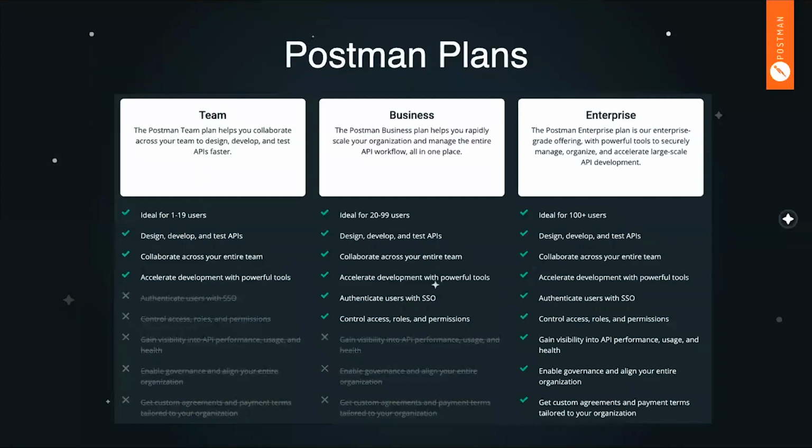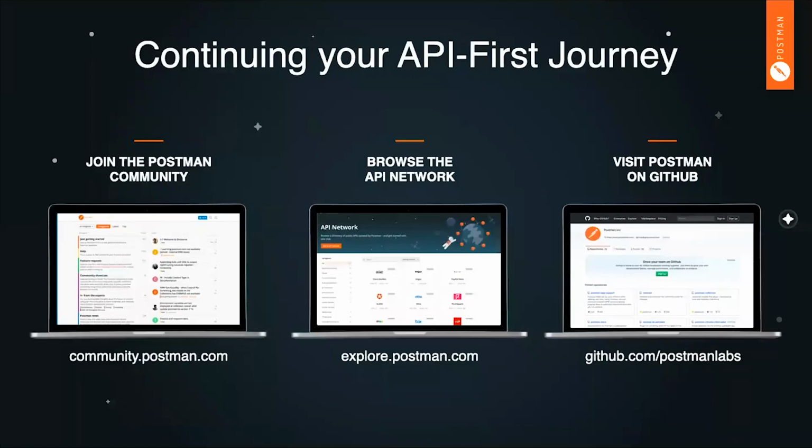But really, it comes down to the scope of your operations and how many APIs you're going to be developing, how many teams, and then what level of visibility and control you want across all of those teams using RBAC, using reporting and all of that, and auditing. So all these plans are available on the site. They're available from the app, and you can take a look and figure out which plan works best for you.